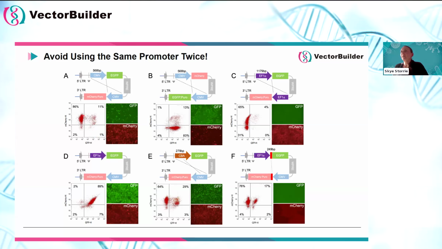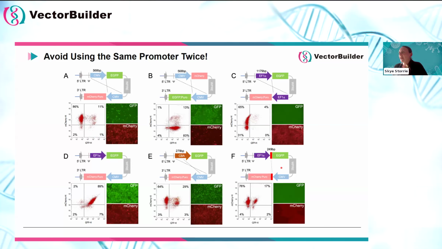Then we do seem to maintain decent levels of expression of mCherry. But here, where we should be seeing co-expression of both EGFP and mCherry, we only have 11%. So you can see we've basically completely lost expression of our upstream ORF, which is really not great.